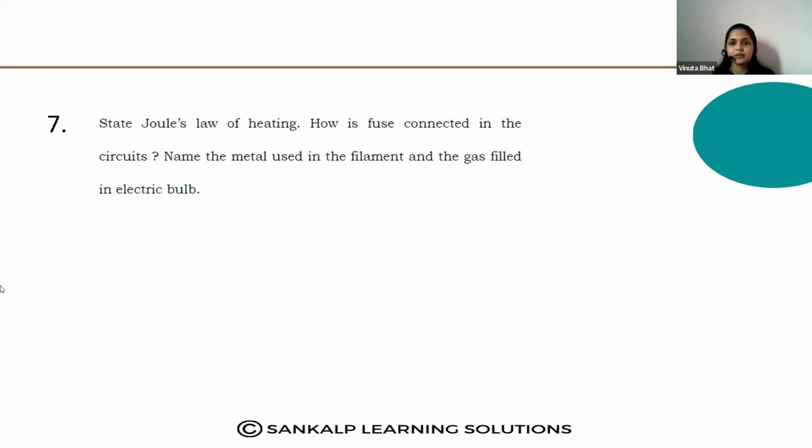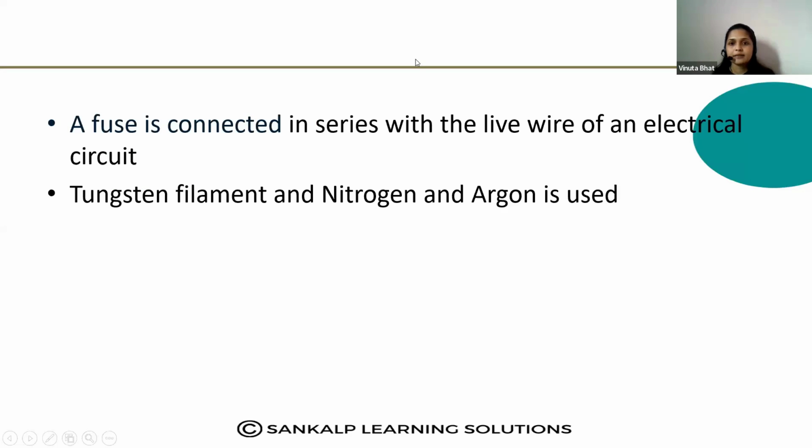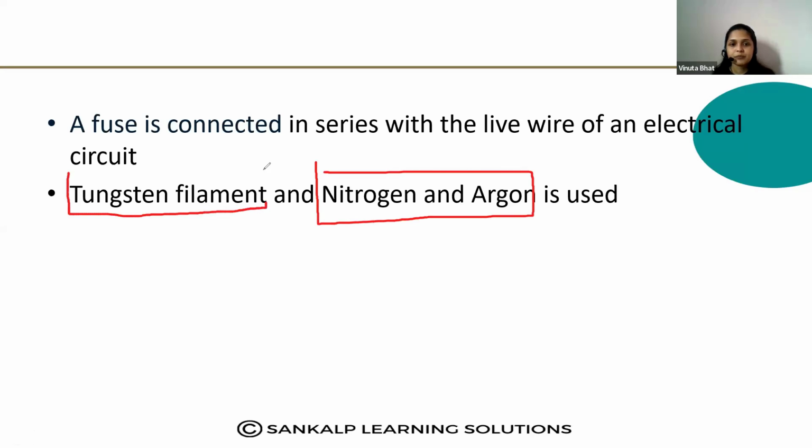Very important: nitrogen gas and argon gas are used here, and the tungsten filament is used inside the electric bulb.